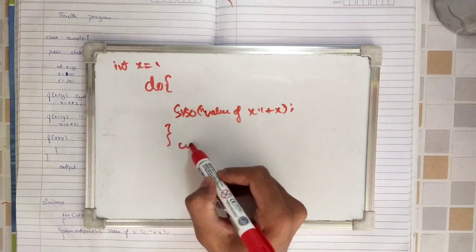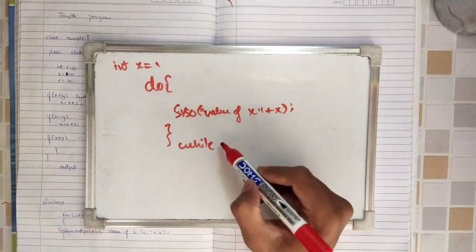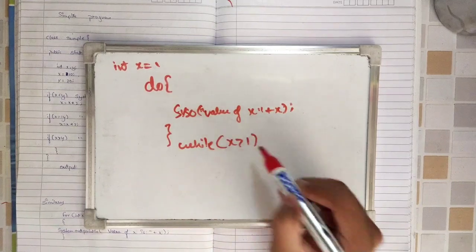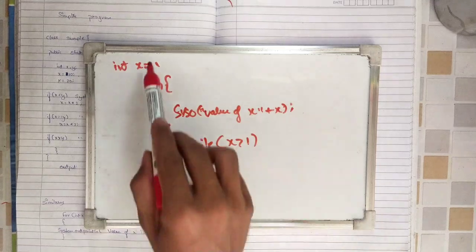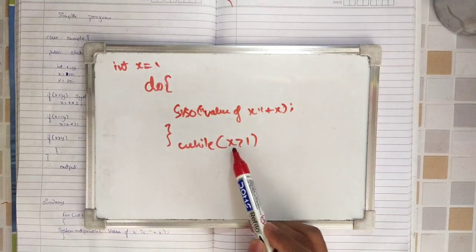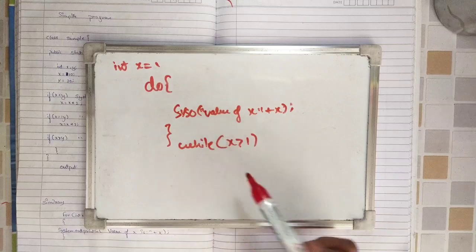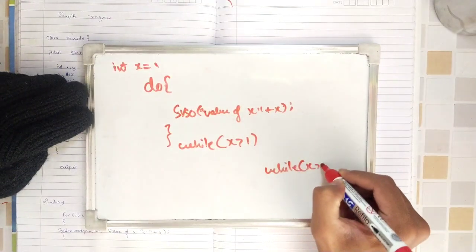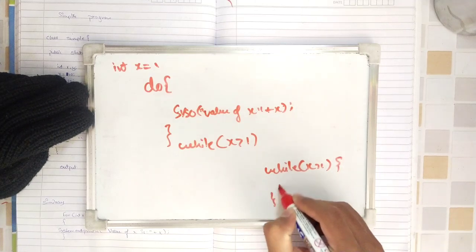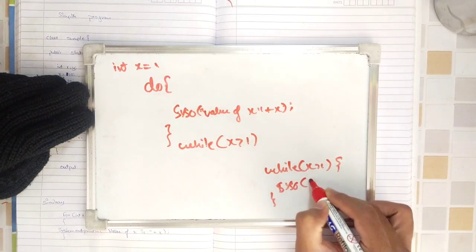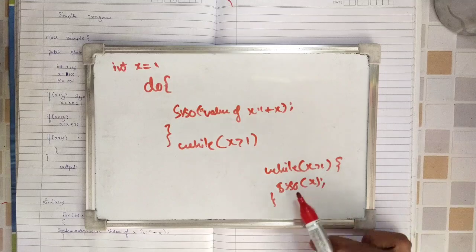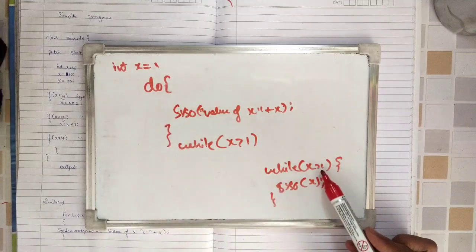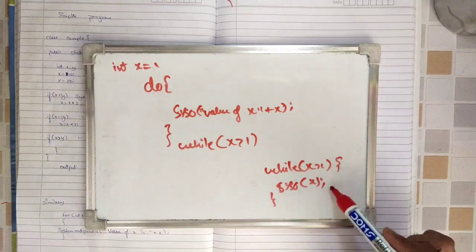Then in while I give, while x is greater than 1. Suppose I write this in a while loop, while x greater than 1, printf x. This won't be printed, because my x is 1, which is not greater than 1. So the while loop won't print.